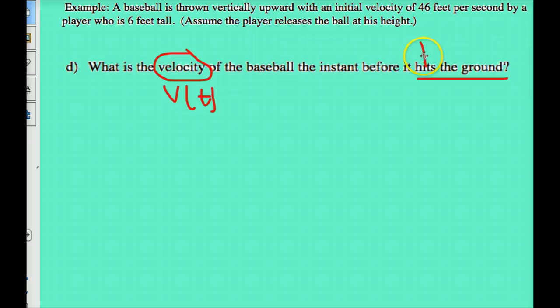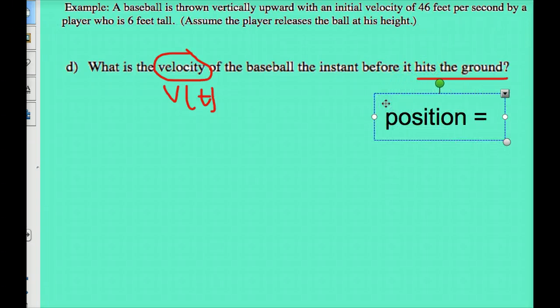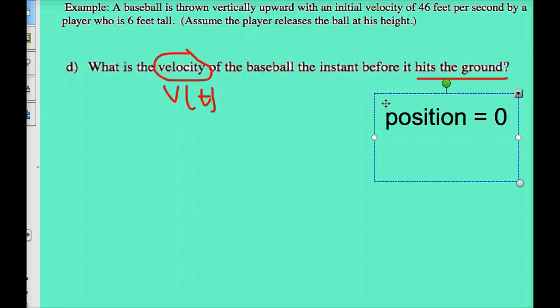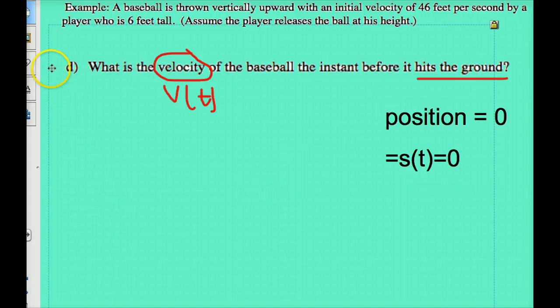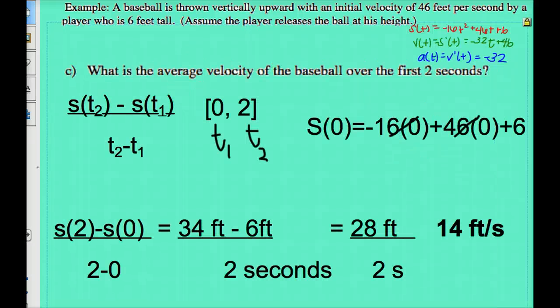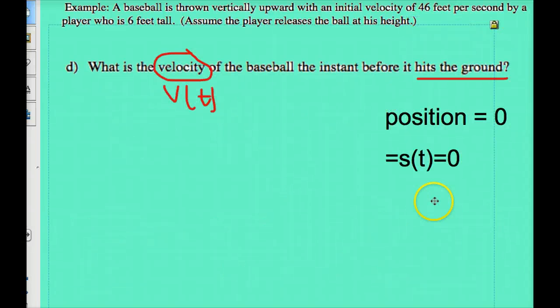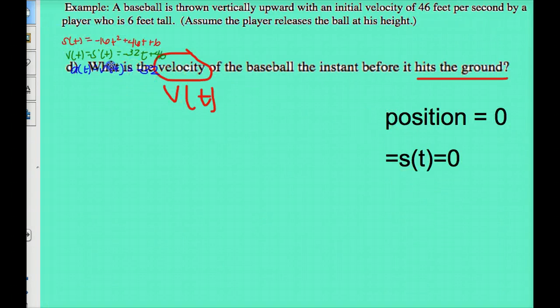So let's type this instead. I'm going to say the position is equal to 0. In this case, position is the same as s of t. So what I'm going to do is set s of t equal to 0. According to our equation from before, s of t is up here. Let me copy and paste that again.